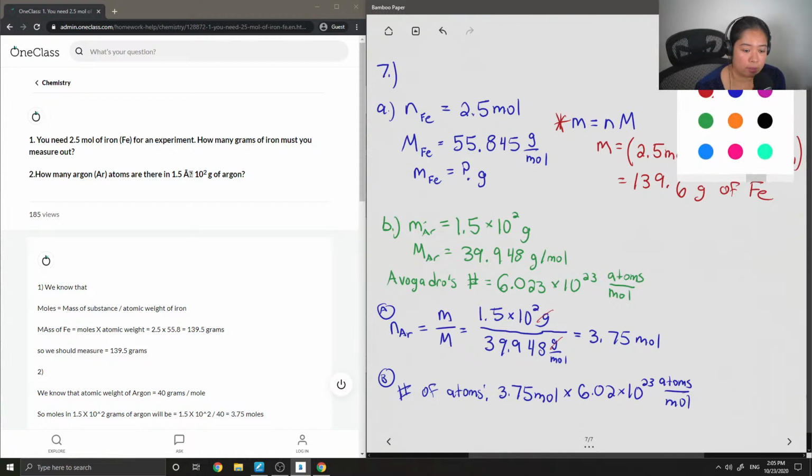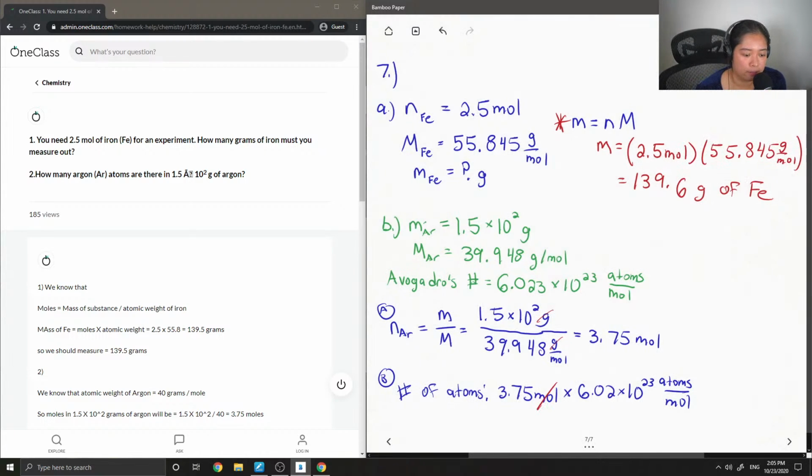And again, you'll notice the units canceling out. So our moles should cancel out, and we are left with the number of atoms. So in this case, it'll be 2.26 times 10 to the 24 atoms.